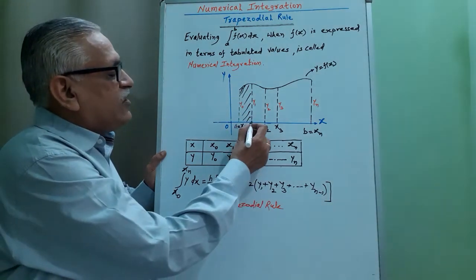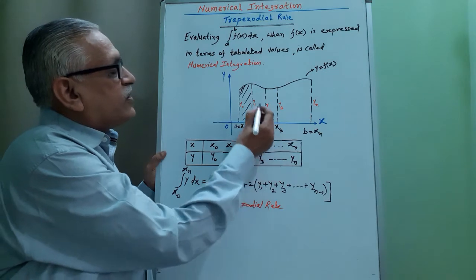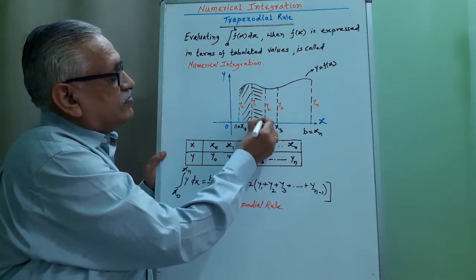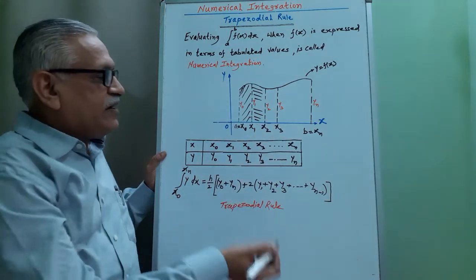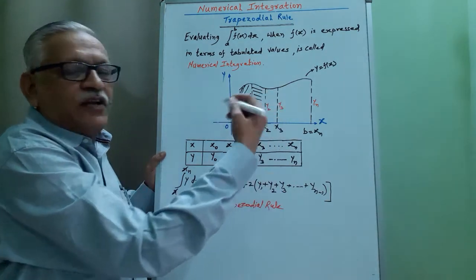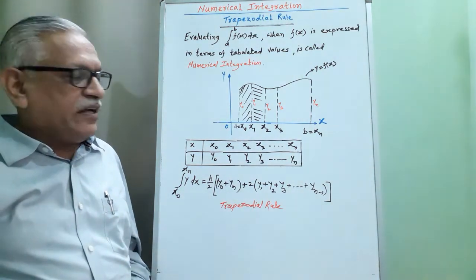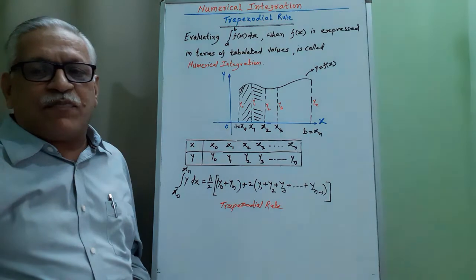Then we find the area of the second trapezium between x1 to x2. Then we find the area of the third trapezium, then fourth, then fifth, like that. We find the area of the nth trapezium.